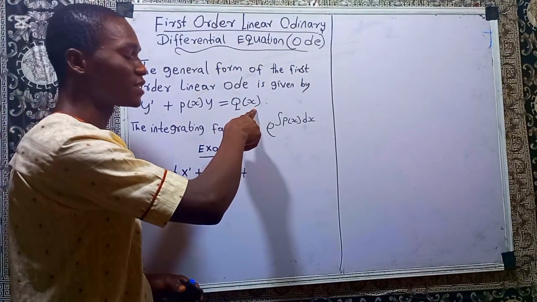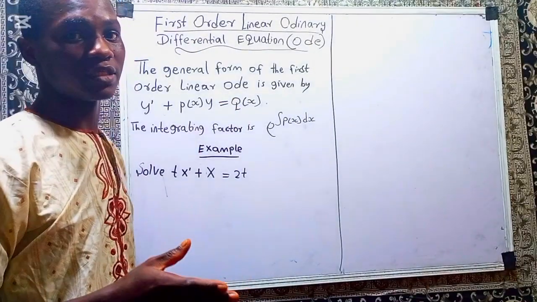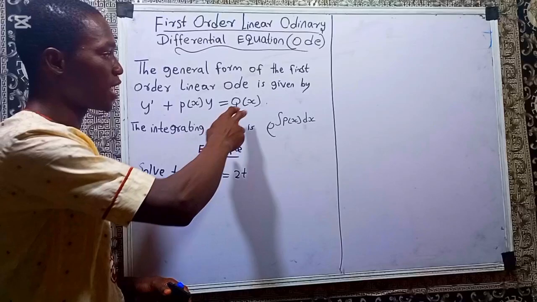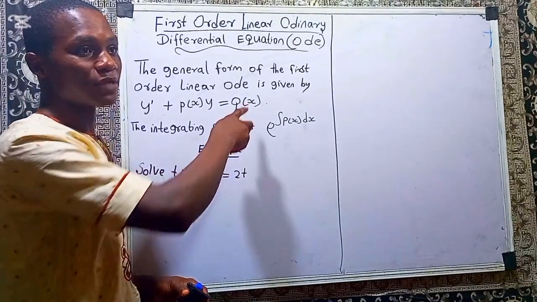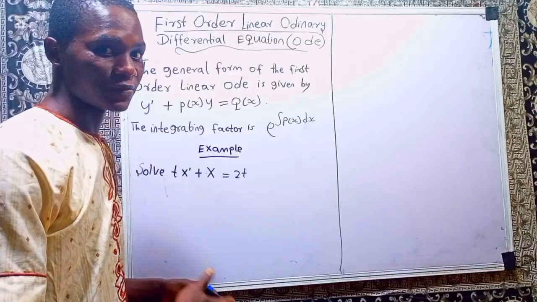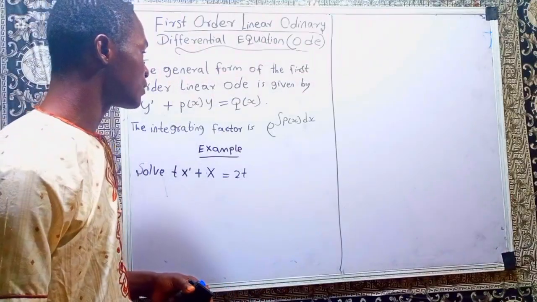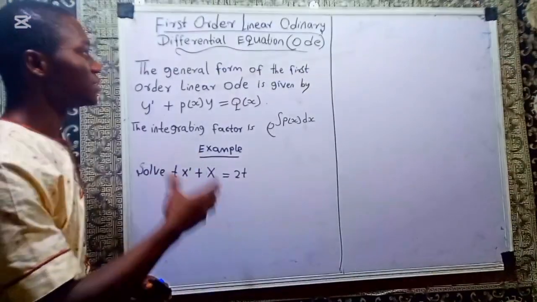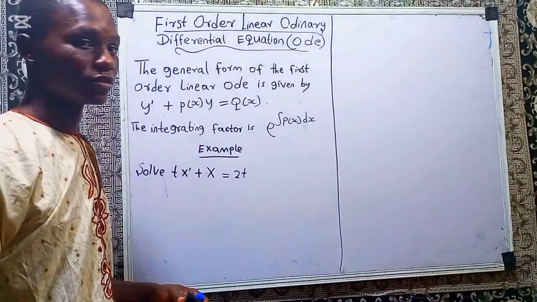Then this q of x is a function of the independent variable alone. So that's this q of x, which can be 2x, 3x, sine x, cos x, exponential x, and as the case may be. It could also be 0, that is if the ODE is homogeneous.